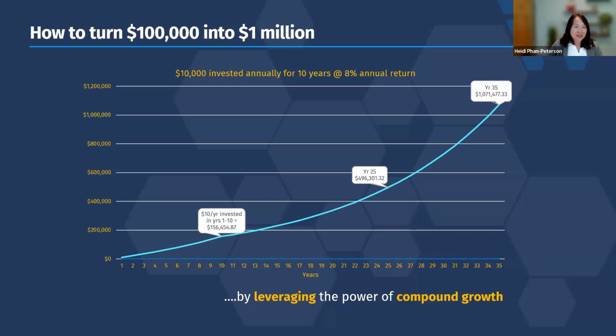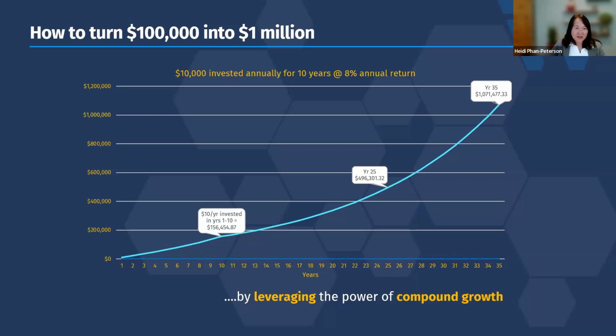But this compounding works, no matter the amount. It might not turn into $1 million depending on what you invest, but the compounding will still happen if you are consistent and invest for a consistent return.